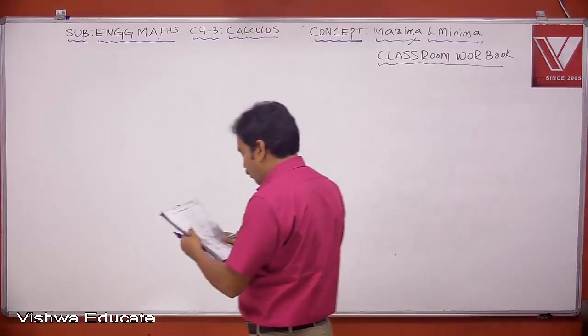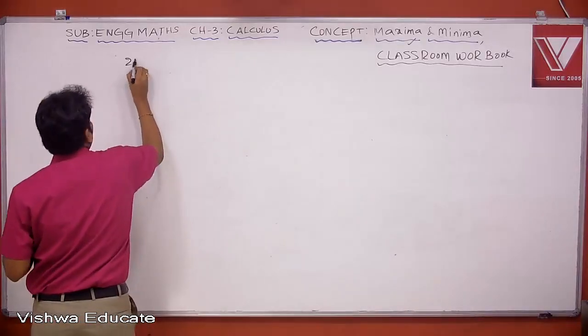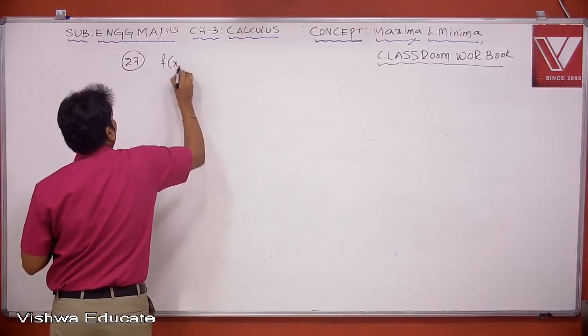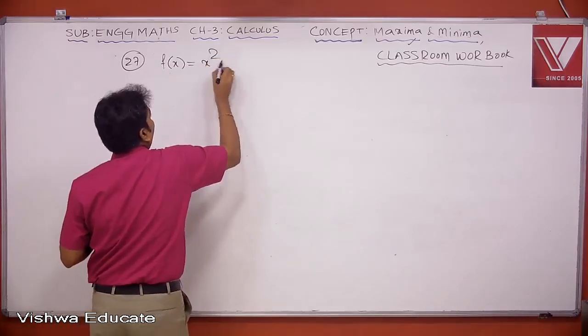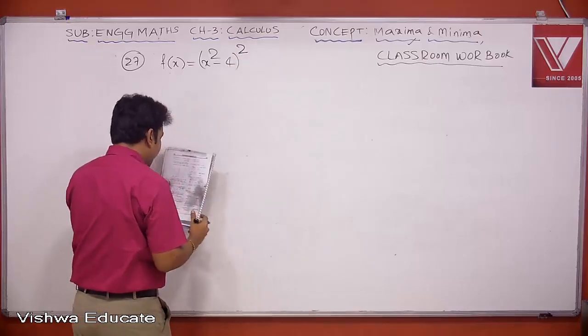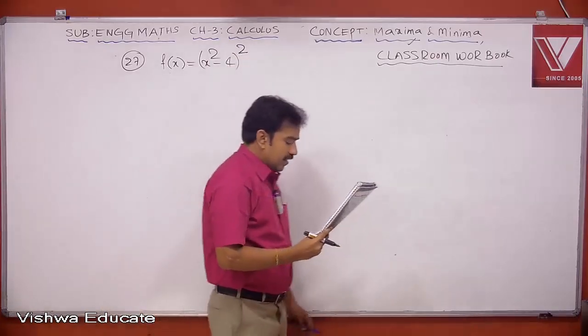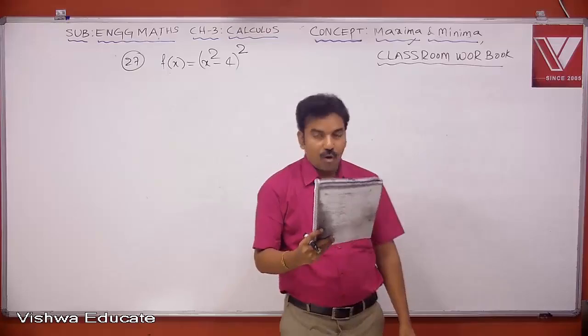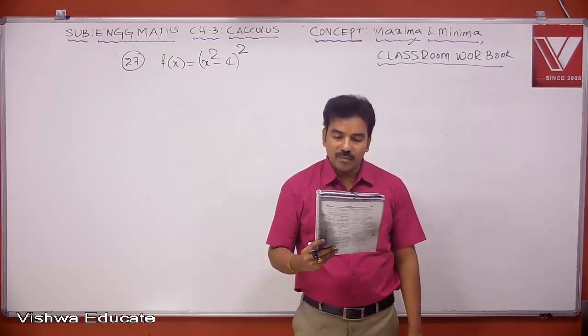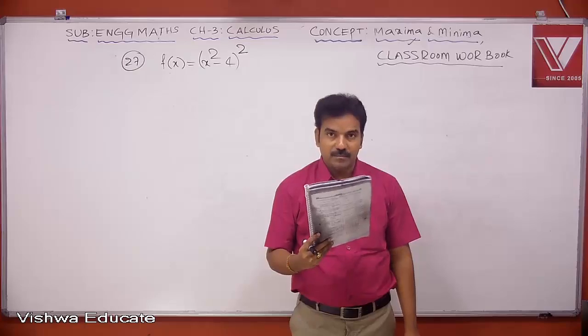Let's go through question number 27. Consider the function f(x) equal to (x^2 minus 4) whole squared, where x is a real number. Then the function has: option A, only one minimum; only two minima; three minima; and three maxima.